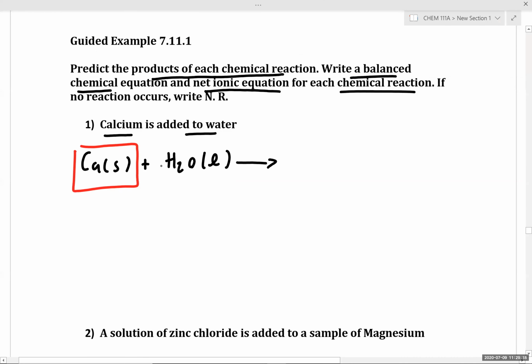And don't be shy to unmute and submit your responses, or to submit your responses in the chat. What type of reaction occurs when we mix a metal and water? We discussed this earlier in this chapter. What do we call this kind of reaction?